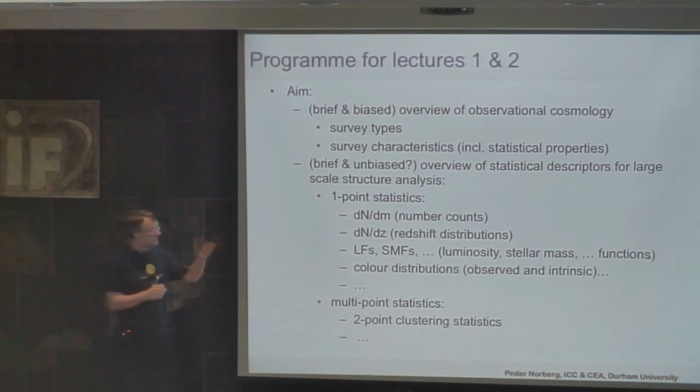They can all be covered in one slide, or they can form a whole lecture in their own right. I'm just going to find something in between. Color distributions and multi-point statistics and so on.